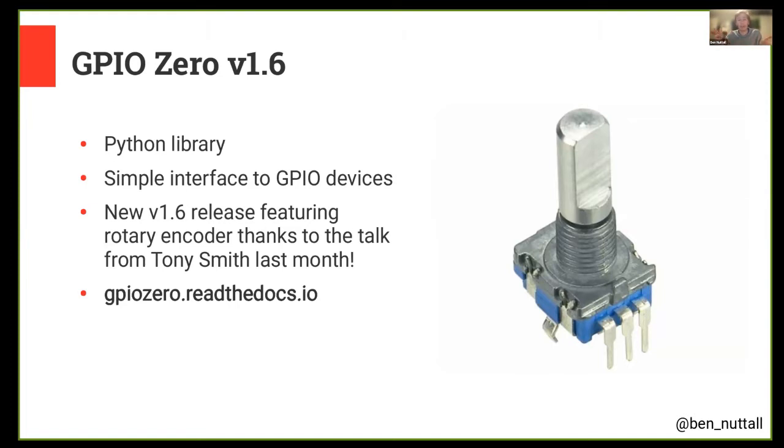Since the last Raspberry Pi meetup, we did some work on a new release, version 1.6, and that included the rotary encoder, which we learned how to use from last month's talk. So thanks to Tony for that. There's a really nice API to a rotary encoder now if you want to take a look.